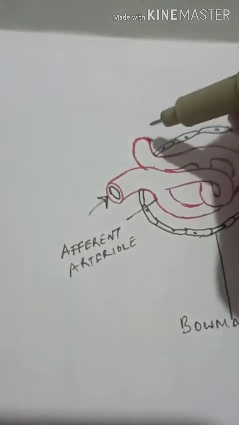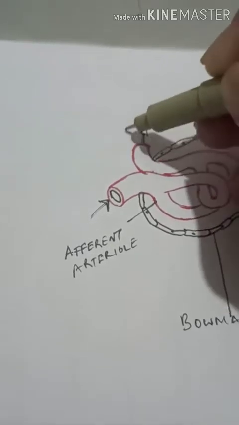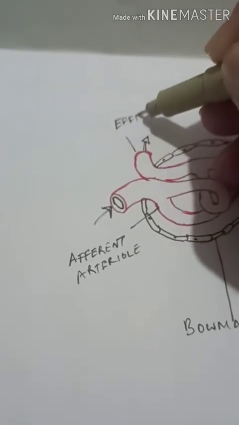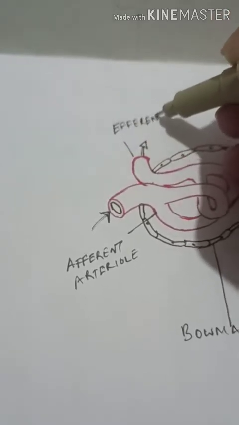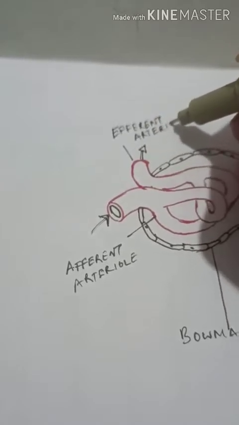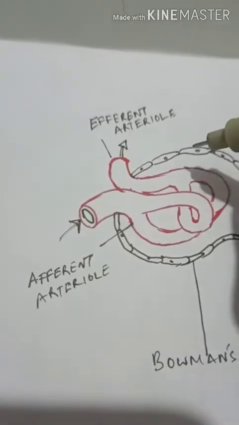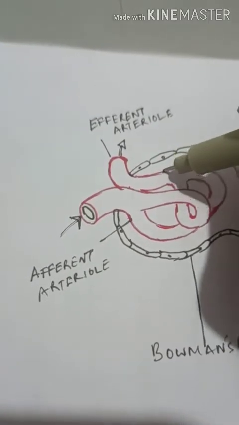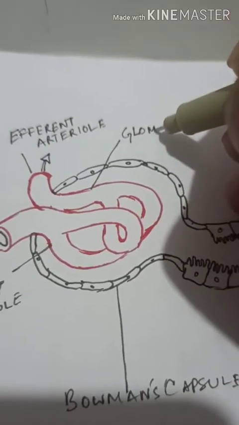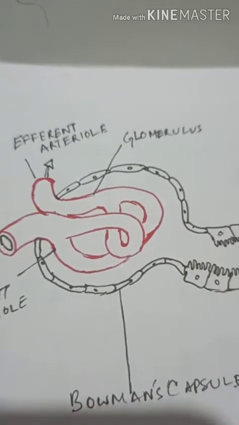Then, when the entire process gets over, the blood goes out through the efferent arteriole. This will go straight on to form the peritubular capillaries later on, and right here we see the glomerulus. This large number of capillaries that will be formed here is called the glomerulus.